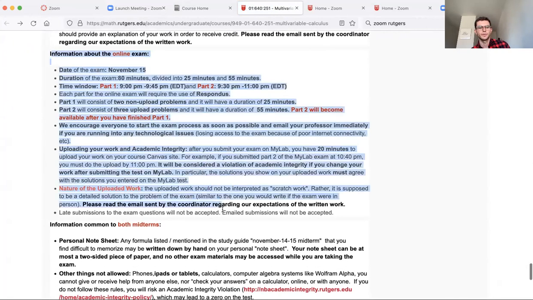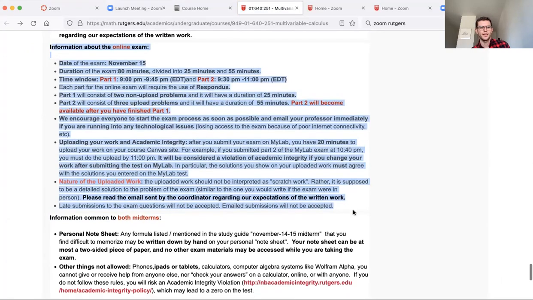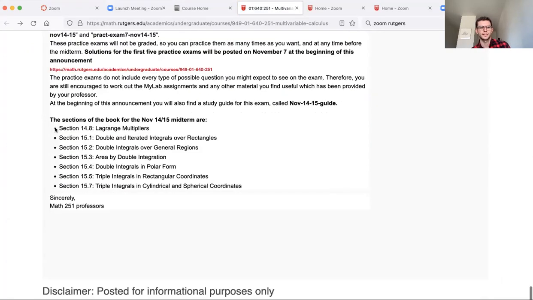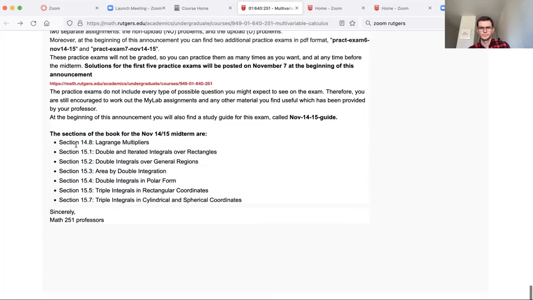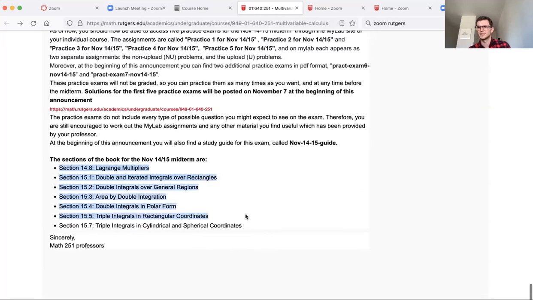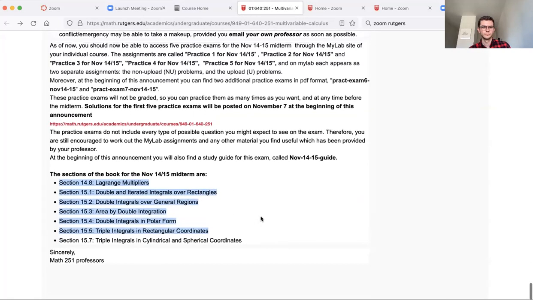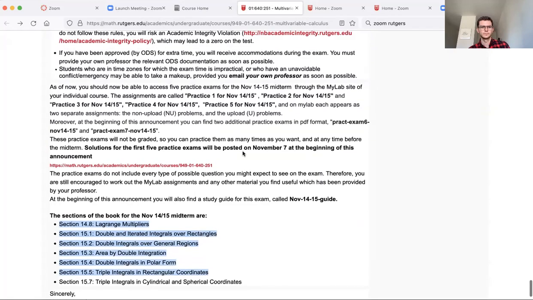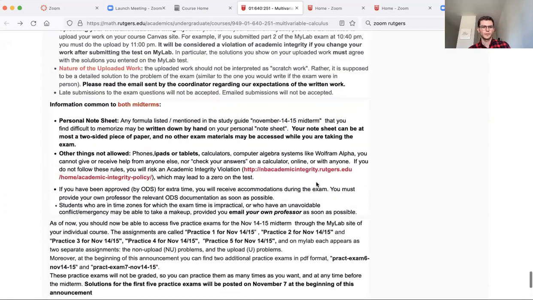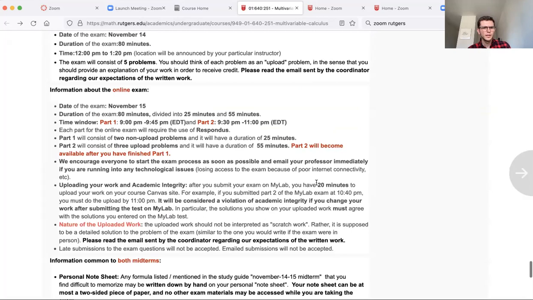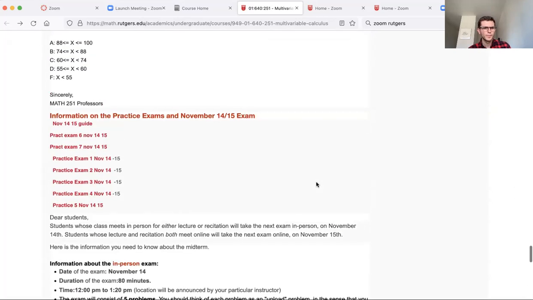So here's the information, and then here are the sections for the exam. Is that okay? What else? Oh, and here's a study guide for the exam as well.